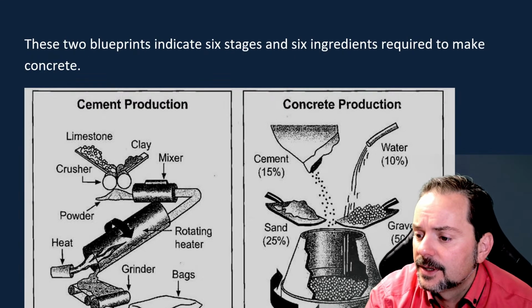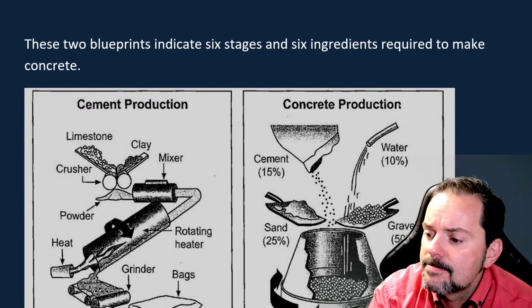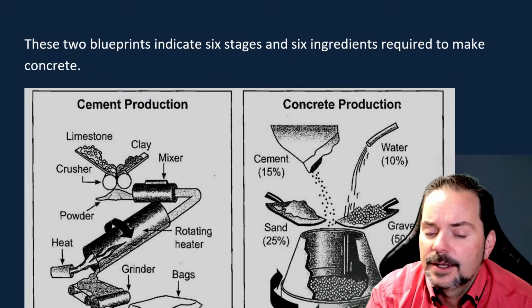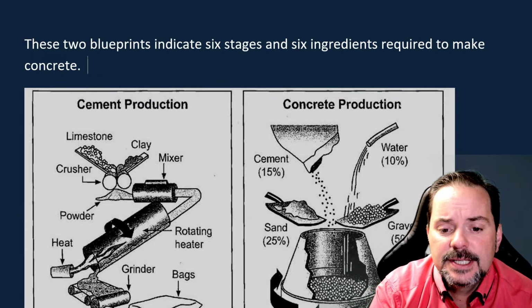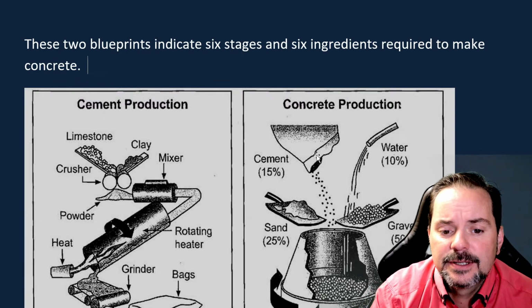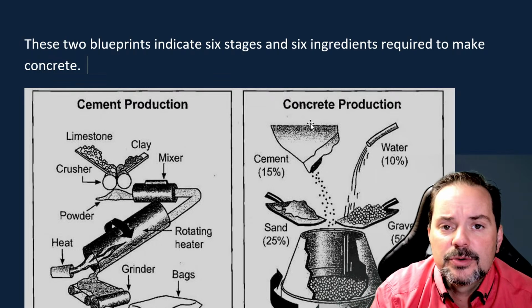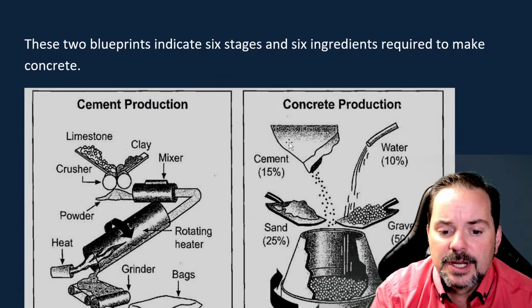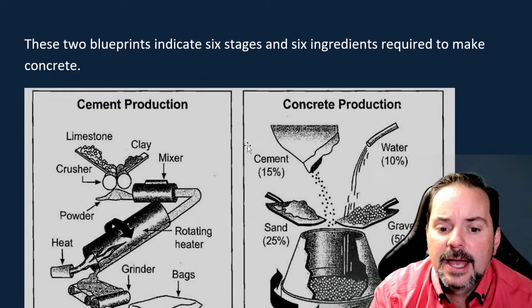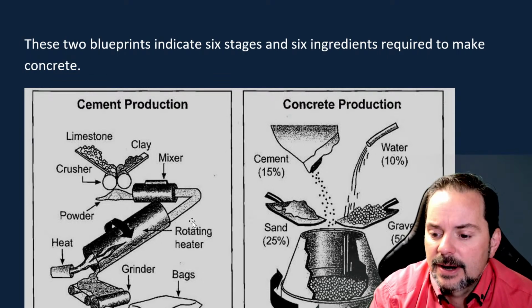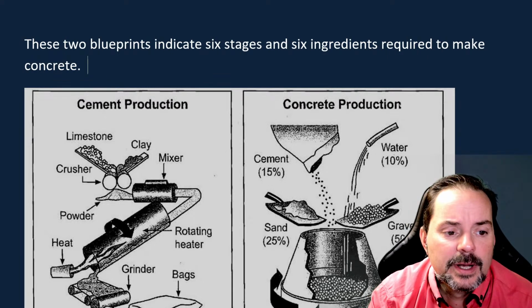Absolutely. Okay. So here we can see that cement is a key ingredient. It's not the main ingredient, but it's a key ingredient in the production of concrete, and it takes effort to make, right? And so I would write that.